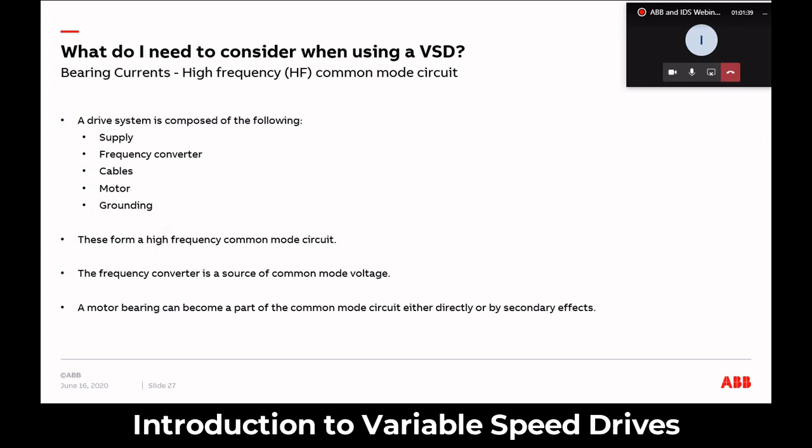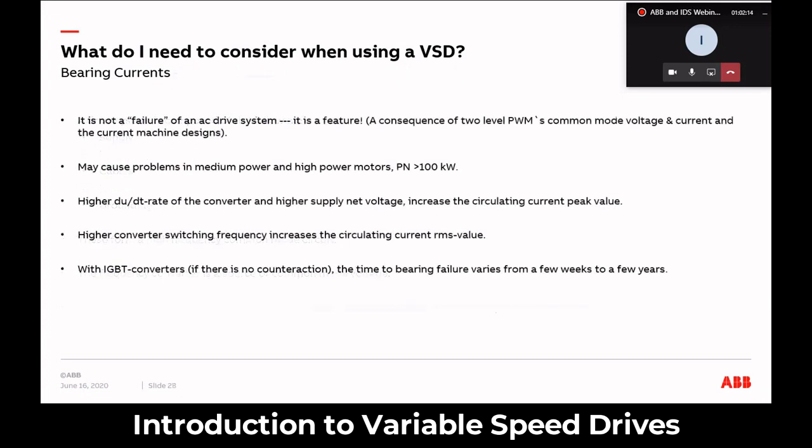In terms of bearing current, or high frequency common mode circuit noise, a drive system is composed of the supply, the drive or frequency converter, the cables, the motor and grounding. All of those together form a high frequency common mode circuit, where the frequency converter itself is a source of common mode voltage, and the motor bearing can become part of that common mode circuit either directly or indirectly by secondary effects.